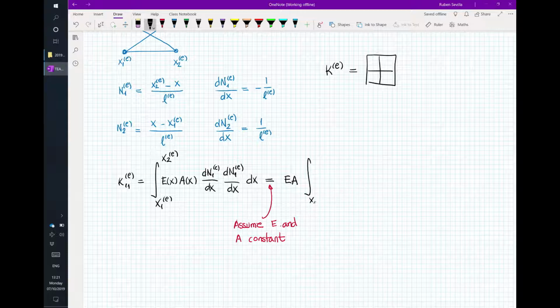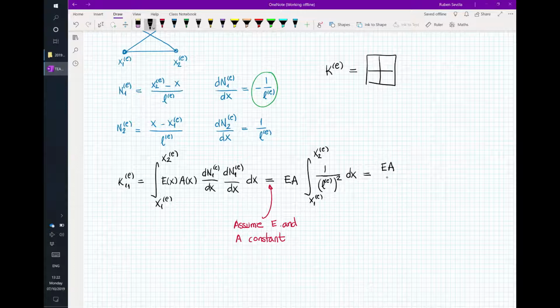And then I have the integral of what? Well, I can introduce the expression here of the derivative of the shape function, which is 1 divided by L, so I have 1 divided by L squared, which, by the way, is constant also, the length. The length of the element is a number, okay? So I can take it out. And I have EA over L squared times the integral of this.